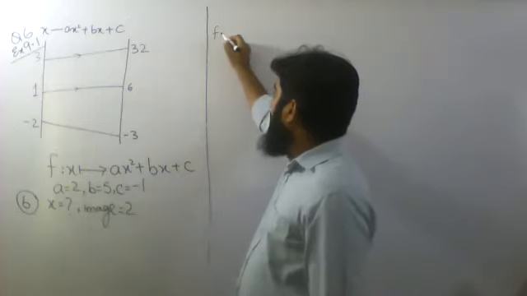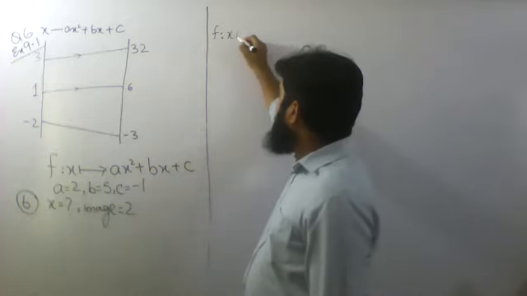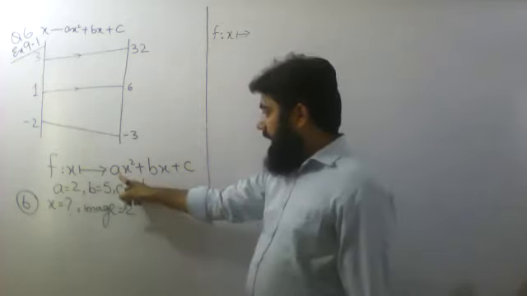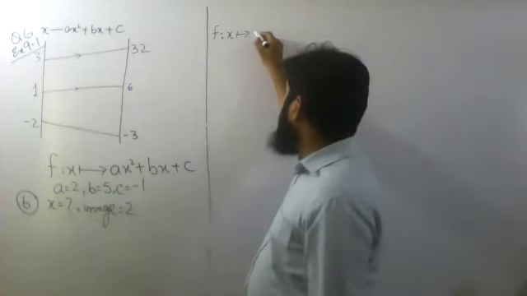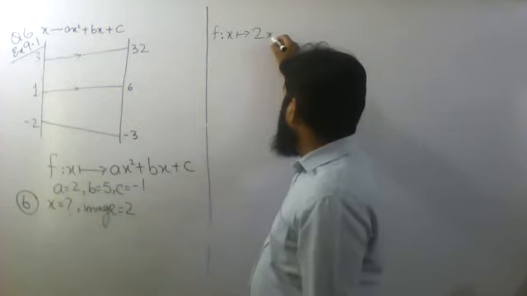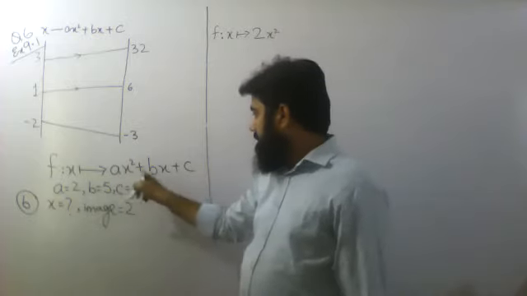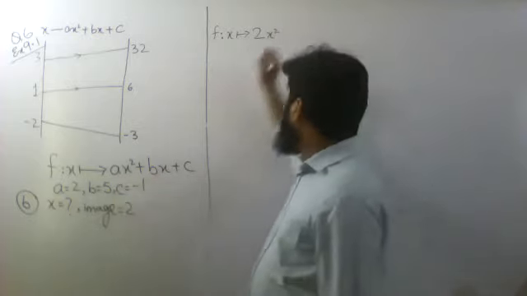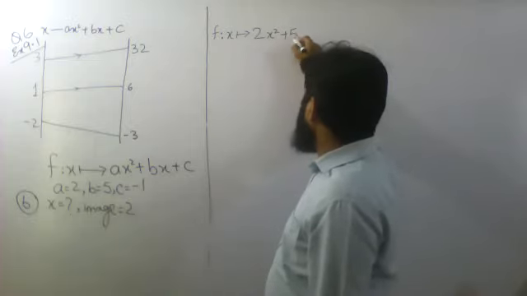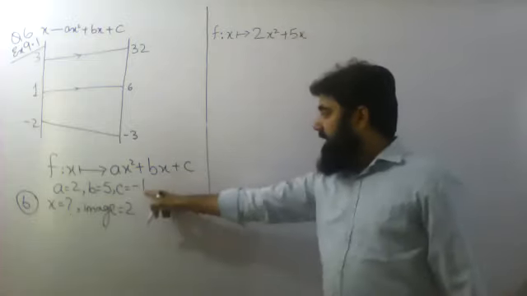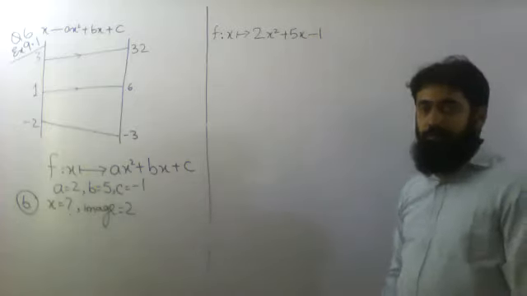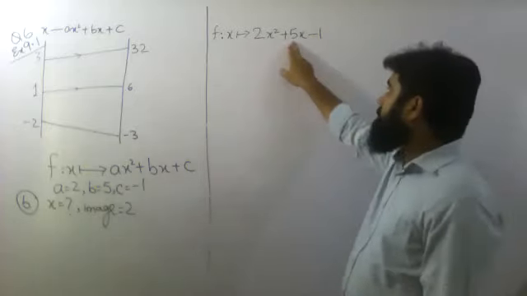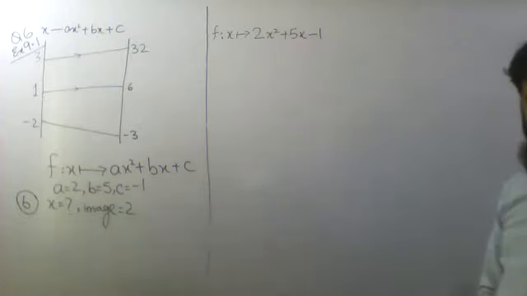F of x such that A. So now what was the value of A? In the previous part, the value of A was 2, so 2x squared. B is 5x. C is minus 1. Okay, 2x squared plus 5x plus minus 1.